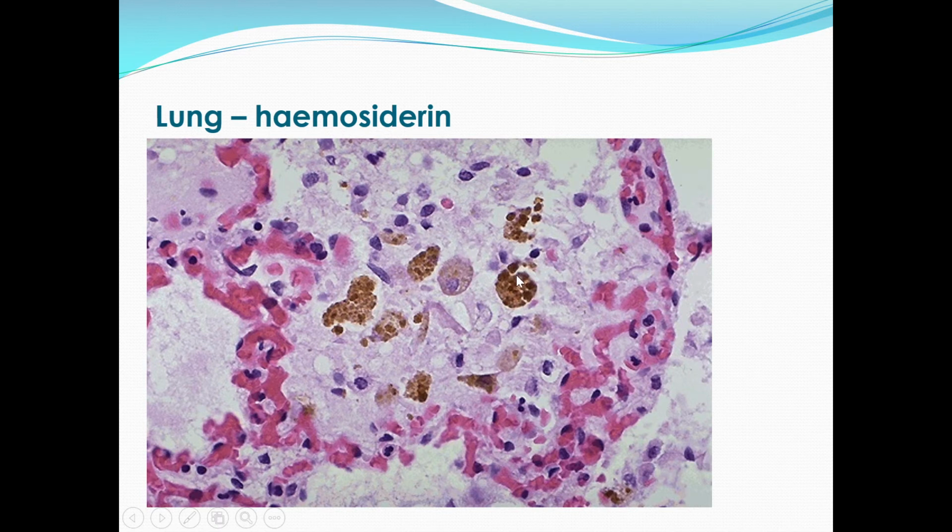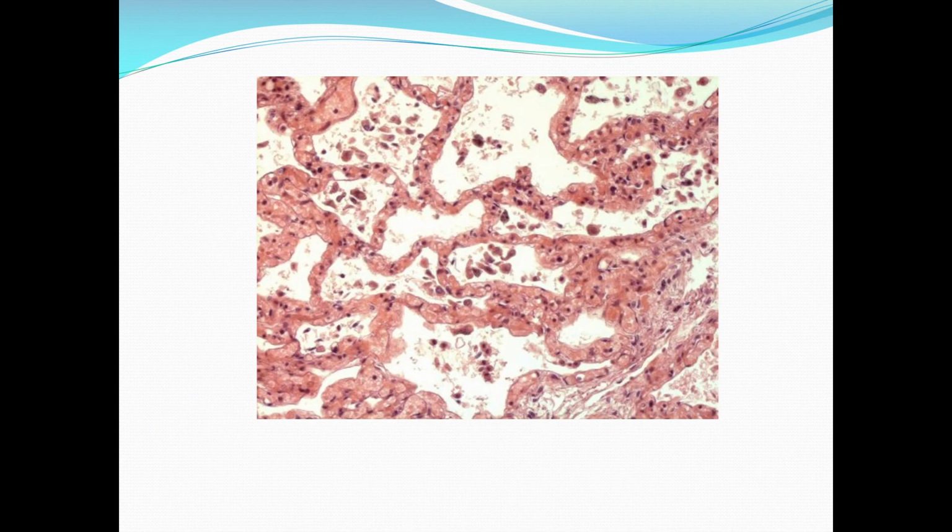These are the heart failure cells. You can see the hemosiderin pigment inside the alveolar macrophages. Similarly, alveolar macrophages containing the hemosiderin pigment.